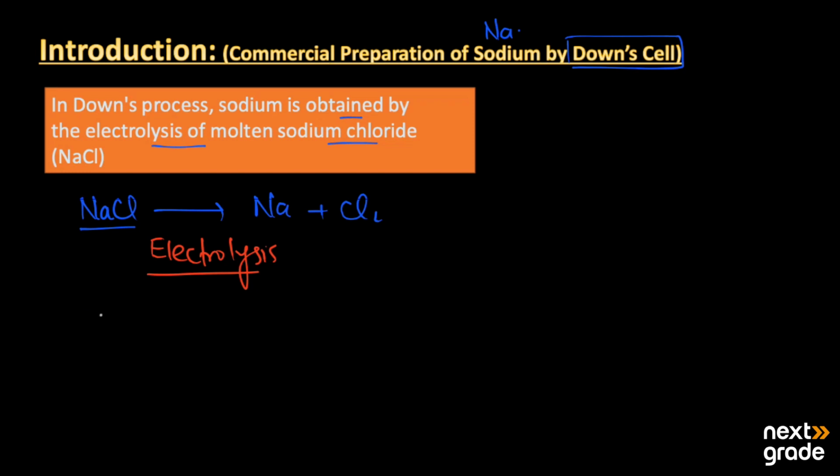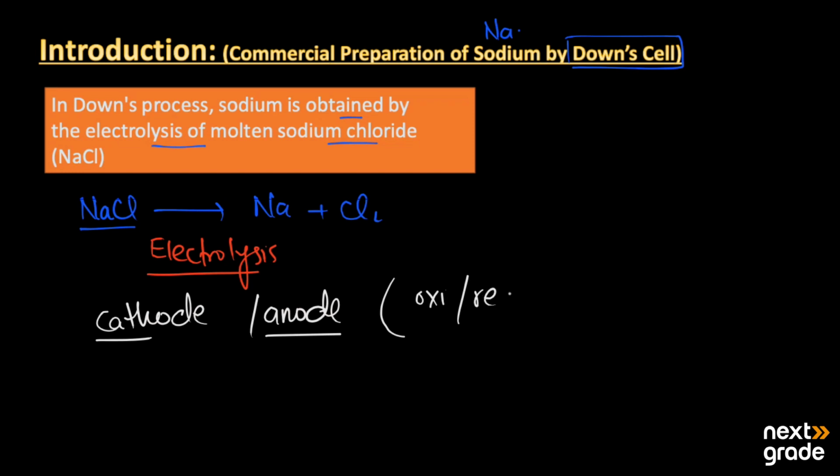One electrode will be the cathode and the other will be the anode. At one there will be the process of oxidation, and on the second electrode there will be the process of reduction.